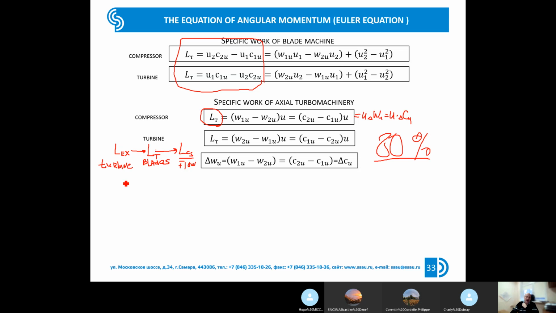So we could write the same scheme for the turbine. This is the scheme for the compressor. For the turbine, we have energy inside the flow.